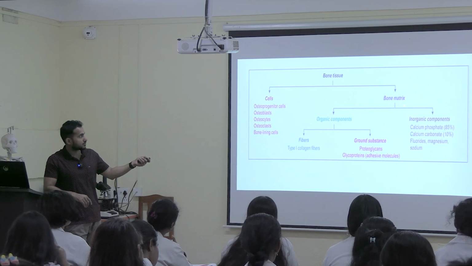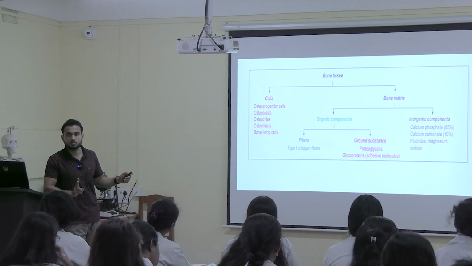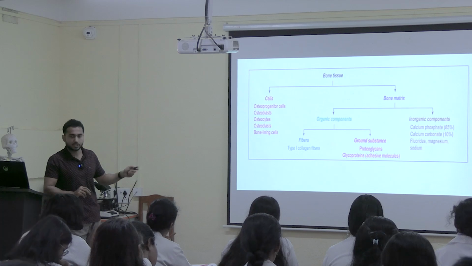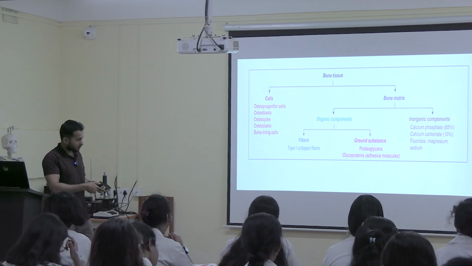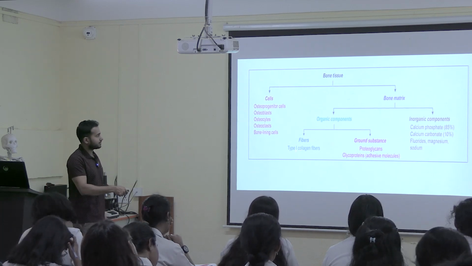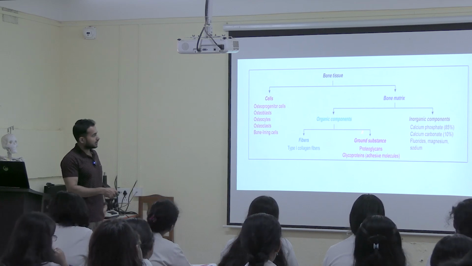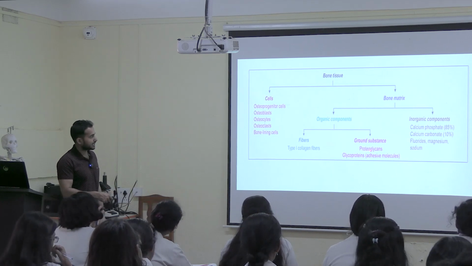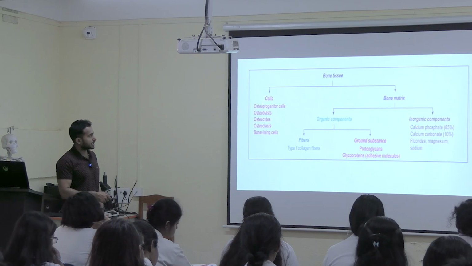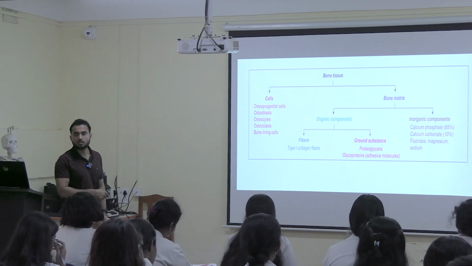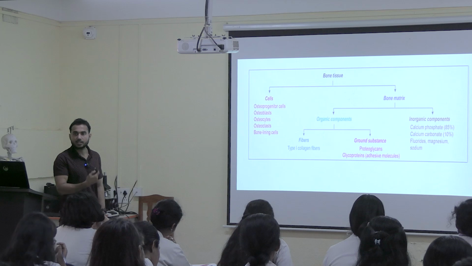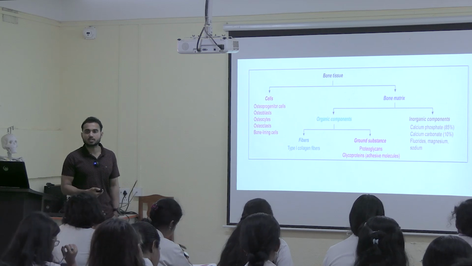Next, the bone matrix has 2 components: organic and inorganic. ठीक है. Now in case of organic, what is there? Collagen fibers. Which type? Type 1 collagen fibers, and glycoproteins and proteoglycans. Now in case of inorganic part, what is present? Calcium salts. Okay. Inorganic part में क्या रहता है? Calcium salts are there.